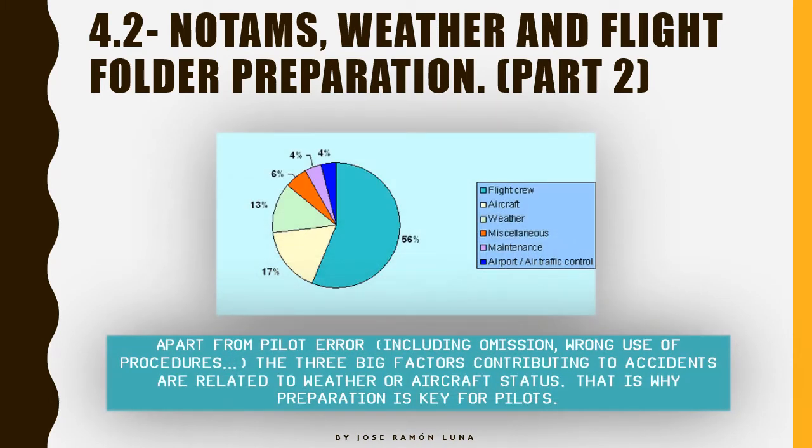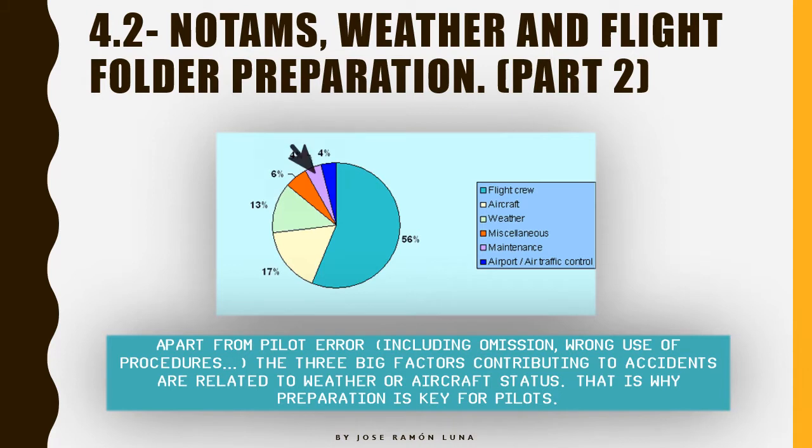Some of the biggest threats when flying out there are meteorology and aircraft failures. Studies have shown that in most accidents and incidents, especially related with general aviation and training aviation, these two factors are usually contributing factors or even the probable causes of the accidents and incidents.